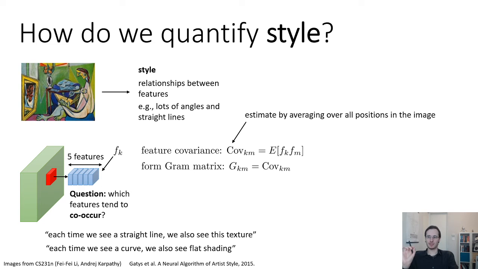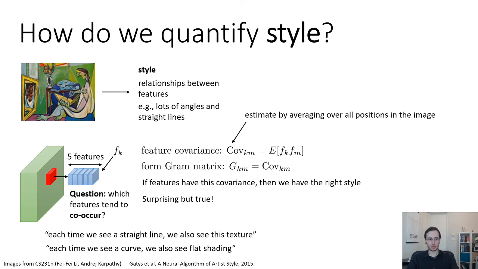So this discards all spatial information and preserves the co-occurrence of features. Notions like every time there's a straight line, you also see this texture. If there's a feature for straight line and a feature for that texture, you'd expect their product to be large if they occur together and small if they rarely occur together. So if features have this covariance, then we have, in some sense, the right style.